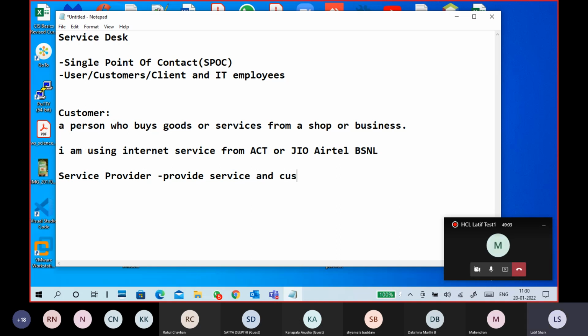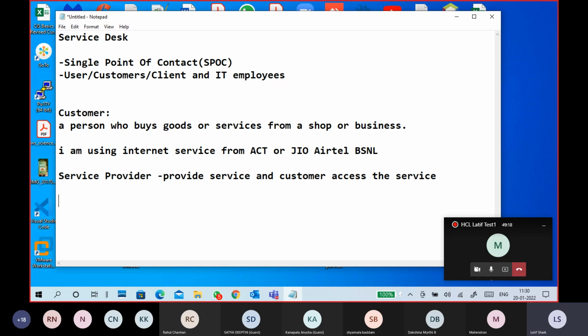They are providing internet service, and I am accessing the internet service, so I am the customer.